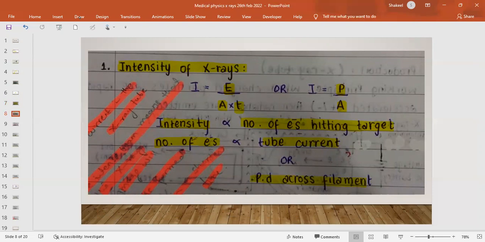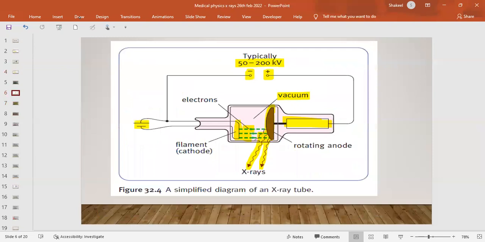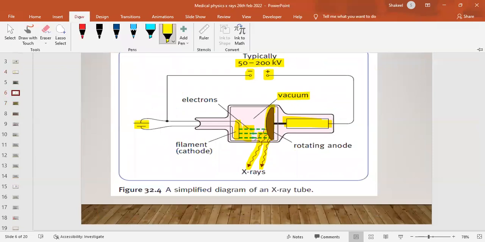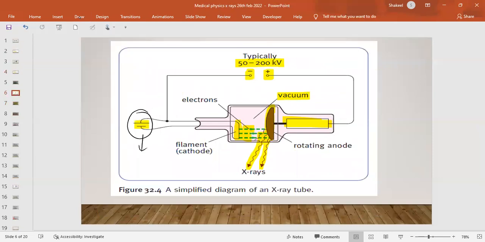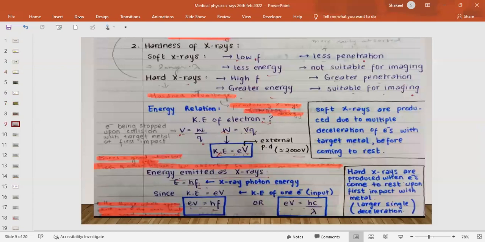So the intensity of the X-rays is controlled by this, let's say, EMF of the low voltage battery. This can control the number of electrons, because if you increase this voltage, more electrons will be produced, and when more electrons are produced, more X-rays will be produced.